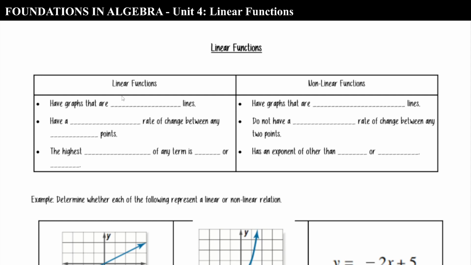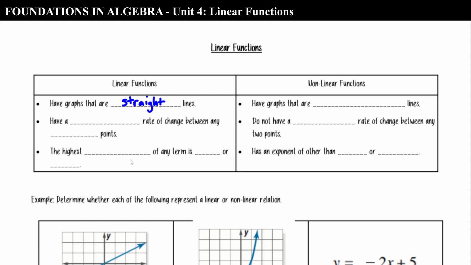So we're going to start off by talking about graphs. Graphs that are straight lines are linear functions. Now, we can also tell if a function is linear or not by looking at a few other things.